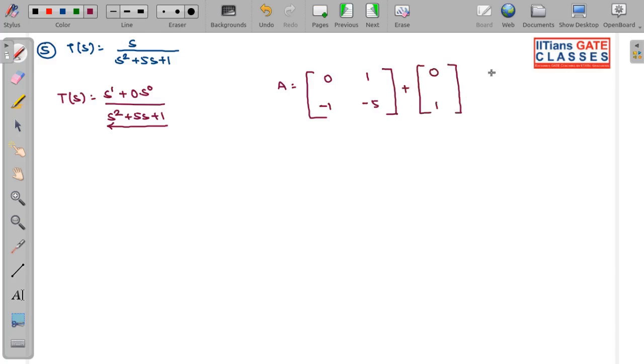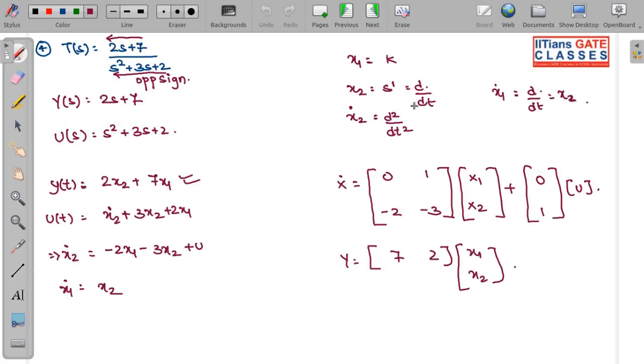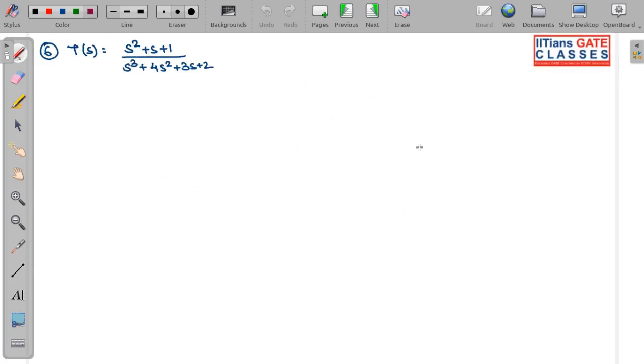I should have written x dot is equal to Ax plus Bu, and the Y matrix, you have to write from this direction, so this will be [0 1] x. This you are going to solve with the method I have shown you.